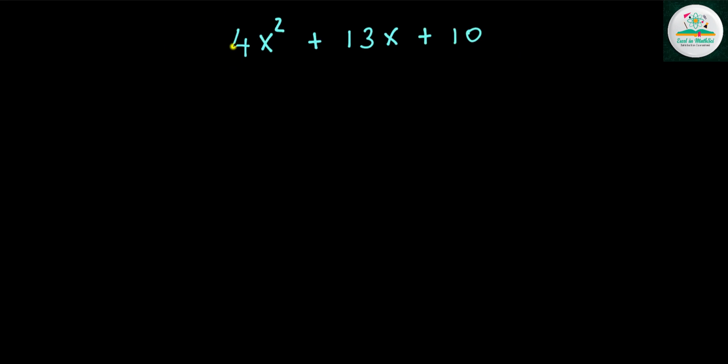Let's look at another one now. So we've got 4x squared plus 13x plus 10. Once again, we'll be using the AC method. So we multiply the 4 by the 10, and this gives us x squared plus 13x plus 40.